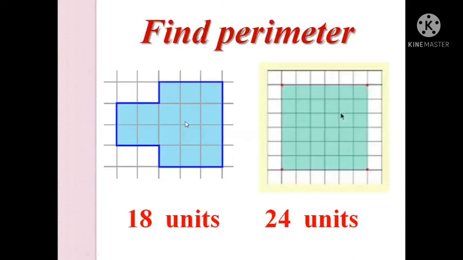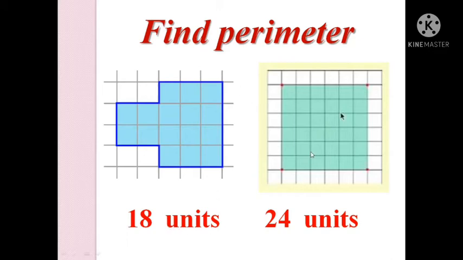Let us find the perimeter of the given shape. See here, the blue colored one is given 18 units. Let us count 1, 2, 3, up to 18. So the perimeter of this shape is 18 units.